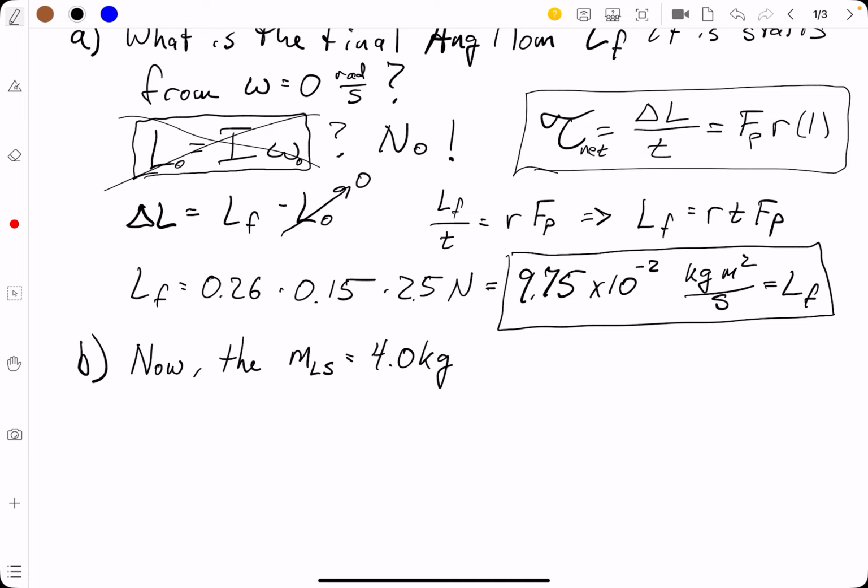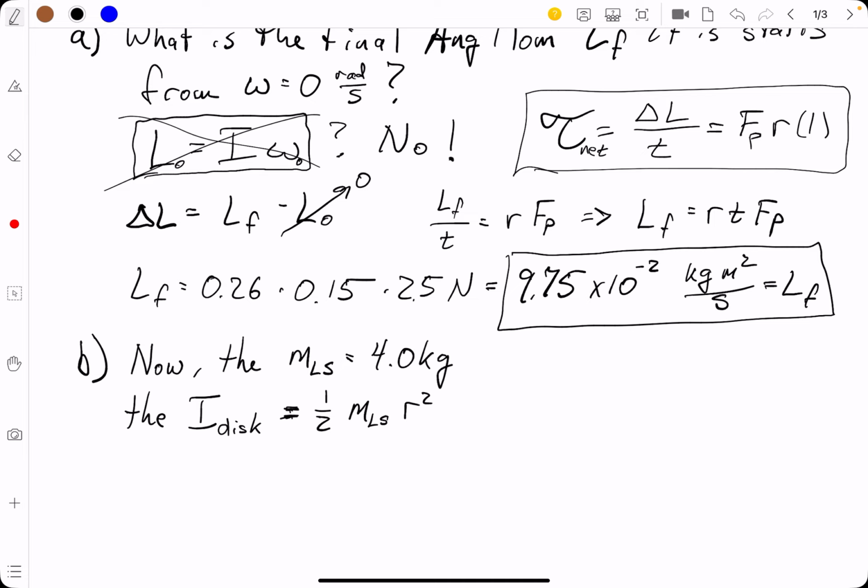Okay, so that's the mass of the Lazy Susan. The moment of inertia of the Lazy Susan is the same as a disk, right? So we're going to say the moment of inertia of the Lazy Susan is 1/2, because we're going to go to that one place, look it up, and we're going to see that it's the mass of the Lazy Susan times the radius of the Lazy Susan squared.